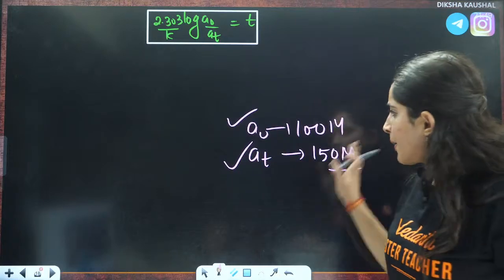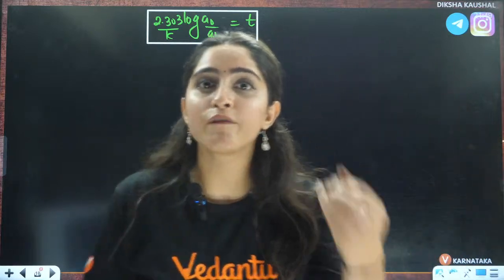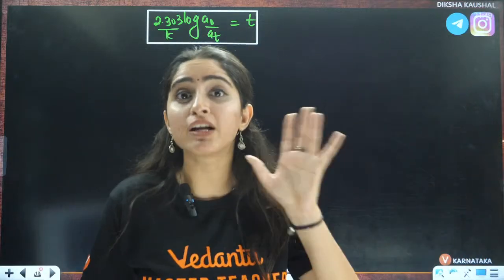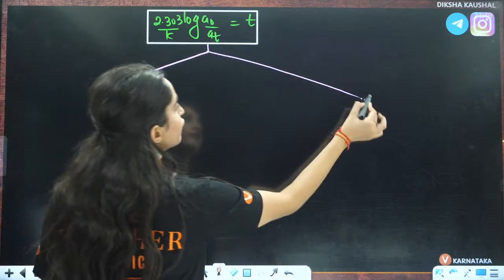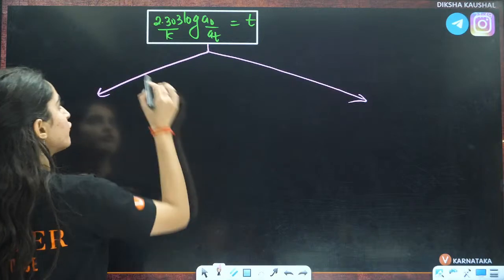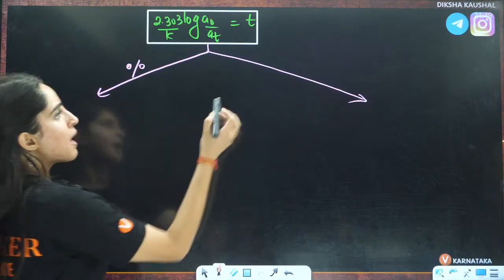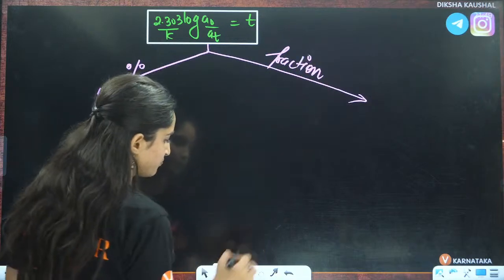Simple. But the tough part is when, ma'am, it is not given. Ma'am, they have not given us initial concentration, final concentration. Ma'am, they have given us in the form of percentage. Ma'am, they have given us in the form of fraction. What to do, ma'am, now?